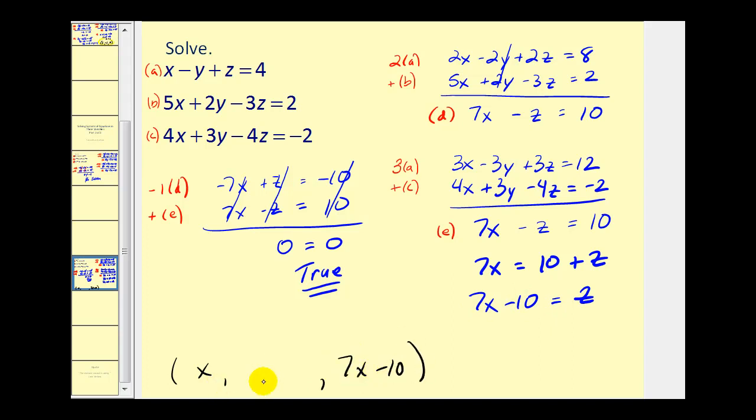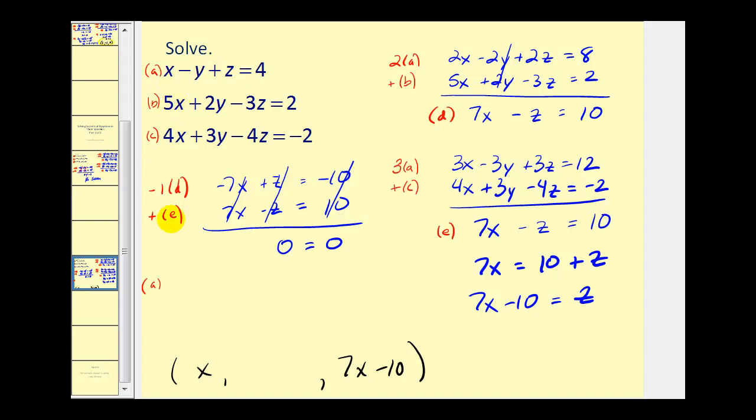Now what we'll do is go back and express y in terms of x. And the way we'll do that is we'll go back up to one of the original equations, let's say equation A, and solve it for y using x for the variable x and 7x minus 10 for z.